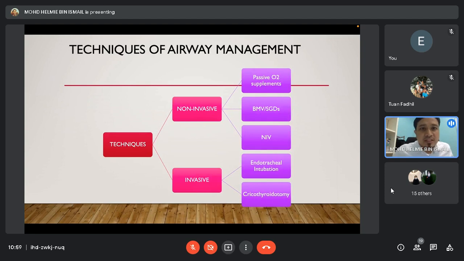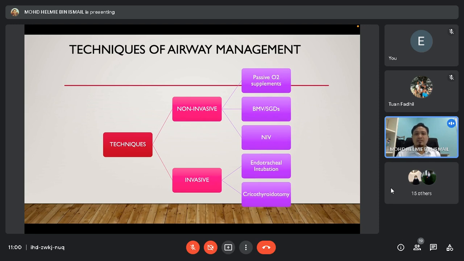Alright. So the techniques of airway management, we have non-invasive and also invasive. For the non-invasive technique, we have passive oxygen supplement such as nasal prong, face mask, Venturi mask, high flow mask. That one is non-invasive.